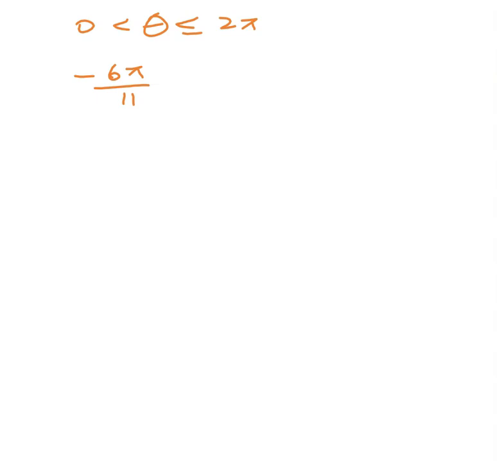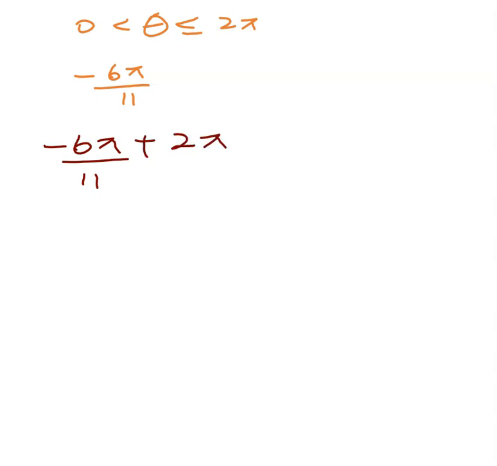We can see here that this is already a negative value, so we can't subtract 2 pi. We're always going to go ahead and add 2 pi in this instance. So this is going to be -6 pi over 11 plus 2 pi.